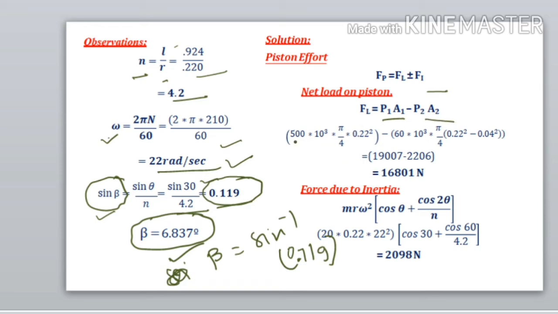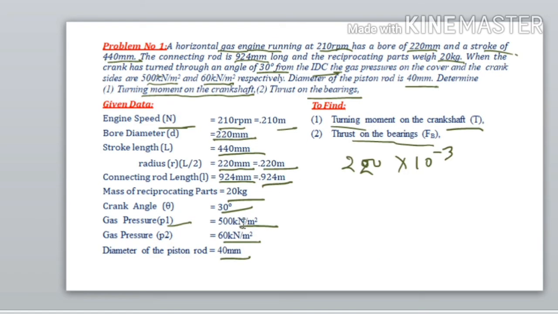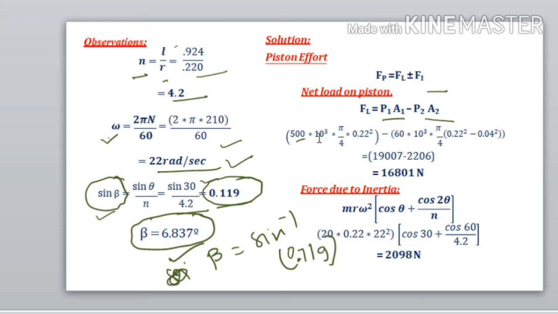So P1 is given here 500, that is in the kilonewton unit. So in the kilonewton unit, that's why we will multiply it with 10 to the power 3, multiplied by pi by 4 multiplied by 0.22 square, minus 60 multiplied by 10 to the power 3 multiplied by pi by 4, and area is 0.22 square minus 0.04 square. Why?